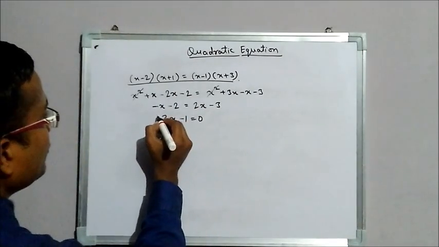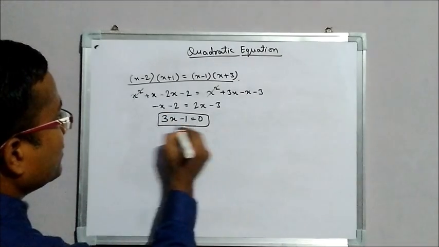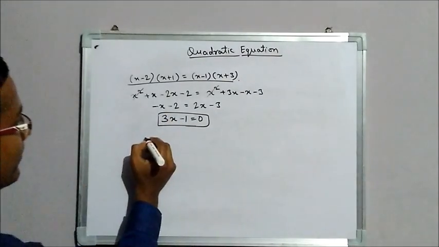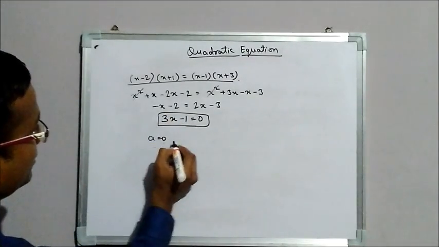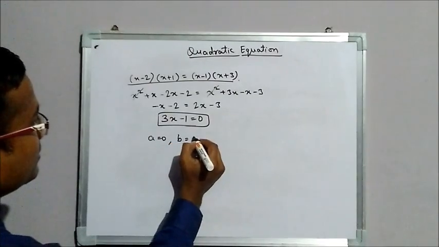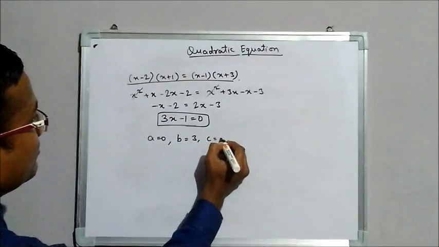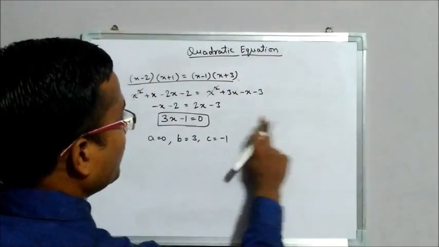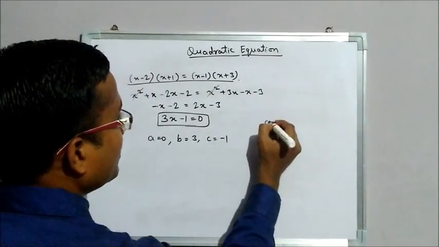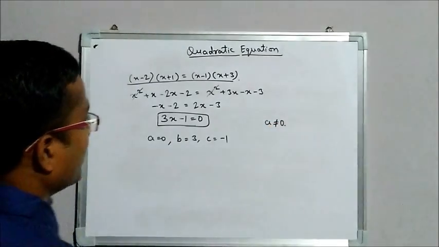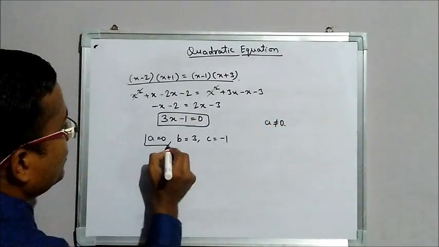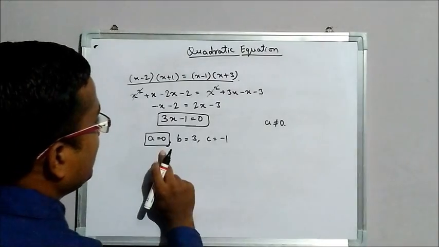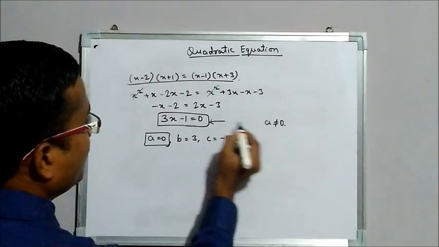Comparing this equation with the general form of a quadratic equation, here a is 0, b is 3 and c is −1. What do we see about the condition of a quadratic equation? That a should not be equal to 0, but here a is equal to 0, which means this is not a quadratic equation.